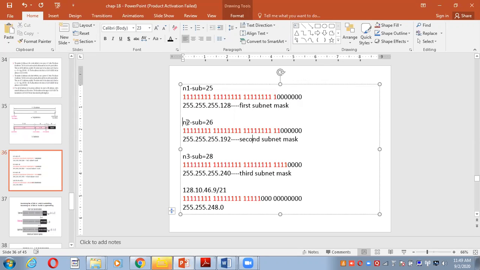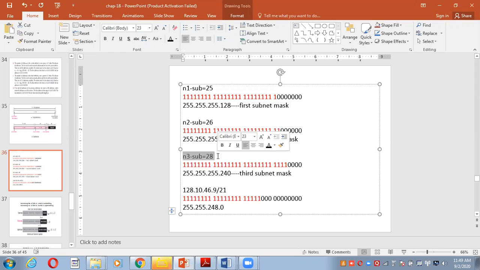The second subnet mask is with n sub equal to 26. So the length of the subnet ID is 26. So here you write 26 ones out of 32. Again, convert it into decimal this way, and this will be the second subnet mask. Again this is converted into the decimal value, and the value will be 192.